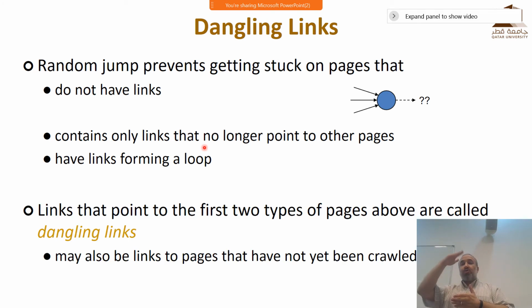Links that point to the first two types, which are the pages that don't have links or the links that are broken, are called dangling links. So this is just a definition. Dangling links means links are not working, whether they don't exist or are broken. And as we said in the second case, with links that are broken, it's not necessarily that these links are actually broken.